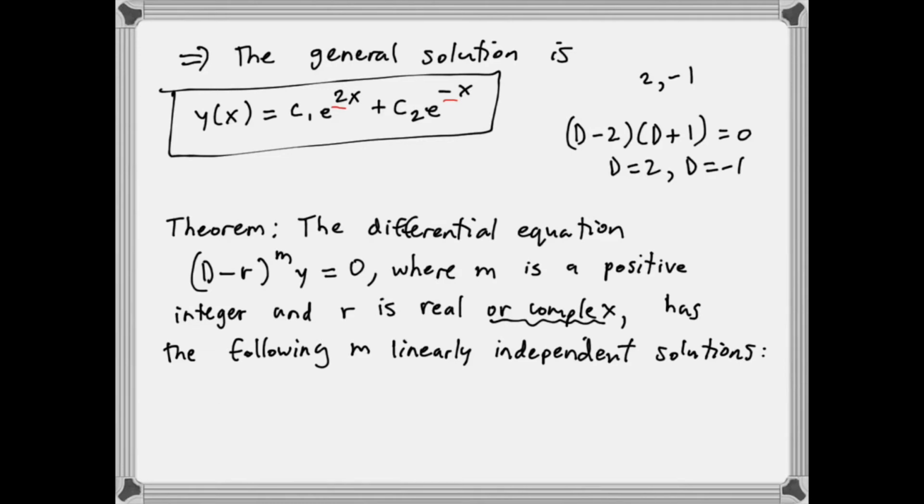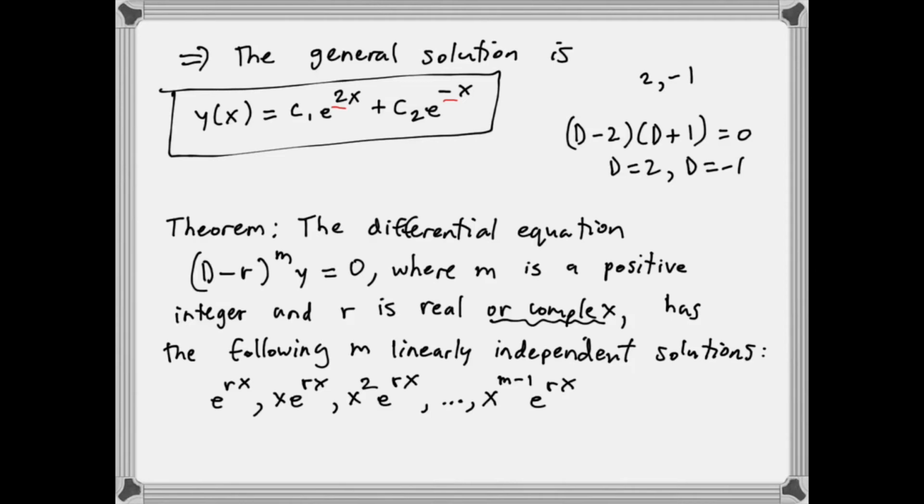One solution is e to the rx. The other solution is going to be x e to the rx, and then x squared e to the rx, and you keep doing that until you get x to the m minus 1 e to the rx.